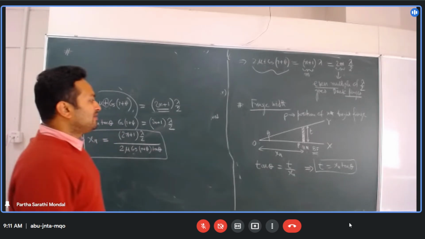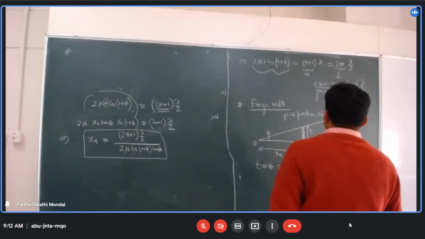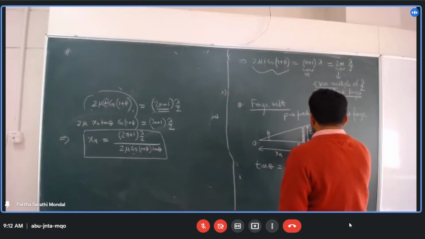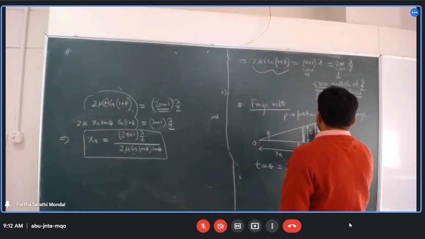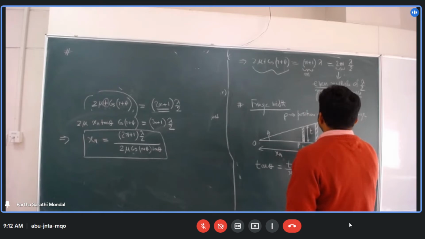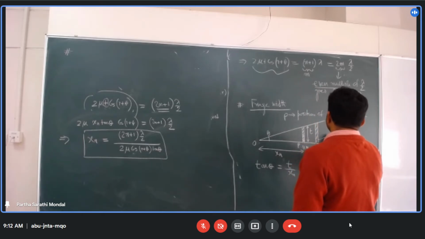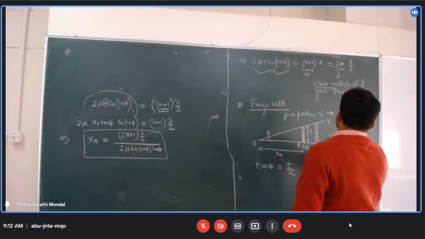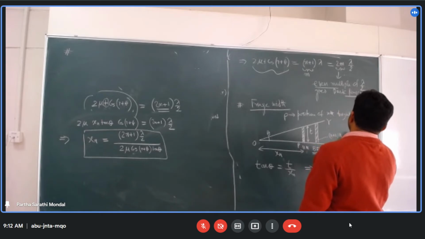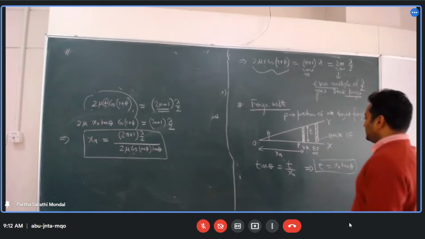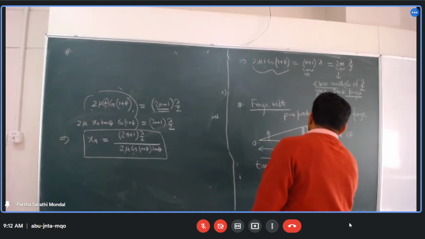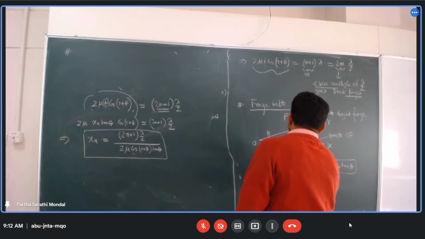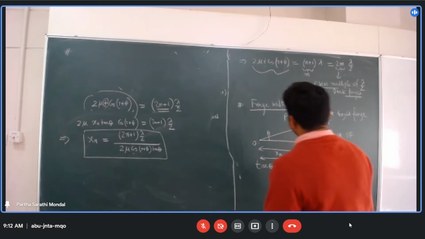Now in the next thickness, let's say here you will have another bright fringe, the n plus 1 bright fringe. So your distance will be x(n plus 1). So what is fringe width?